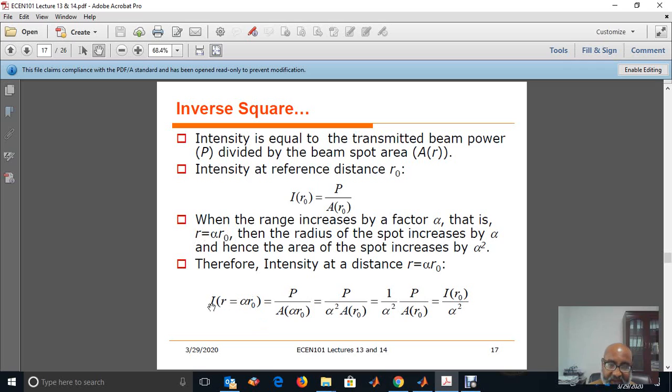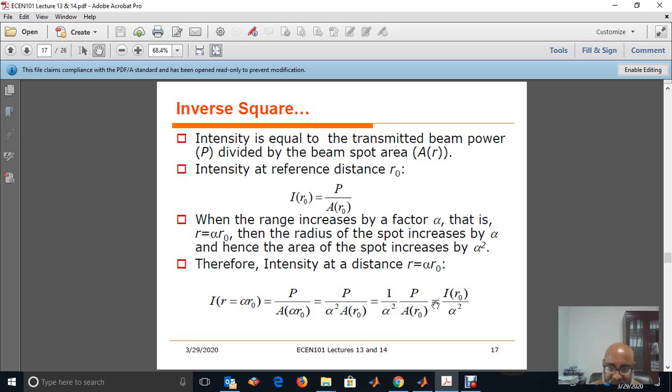So if I have to calculate the intensity at a distance R equals alpha times R naught, this is equal to the power P over the area at alpha times R naught. So the area at alpha times R naught is alpha square times the area at the reference distance R naught. So that means this is equal to 1 over alpha square, the power transmitted divided by the area at a distance R naught.